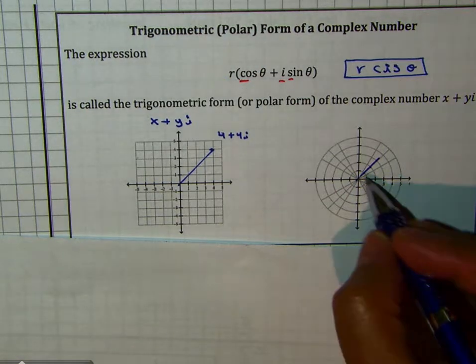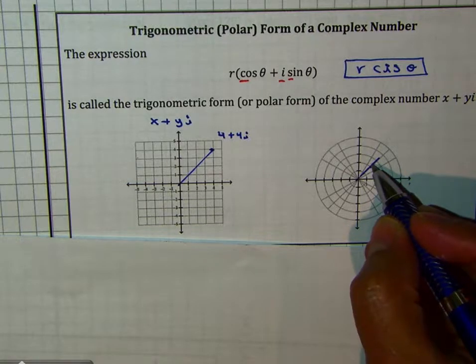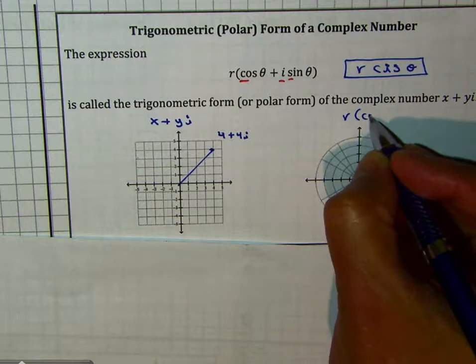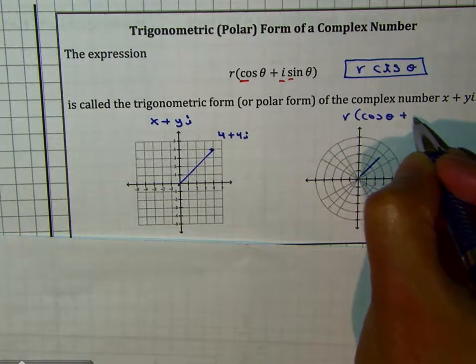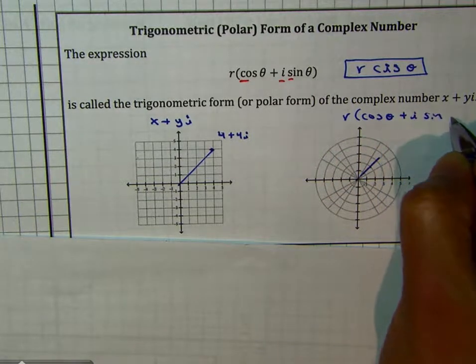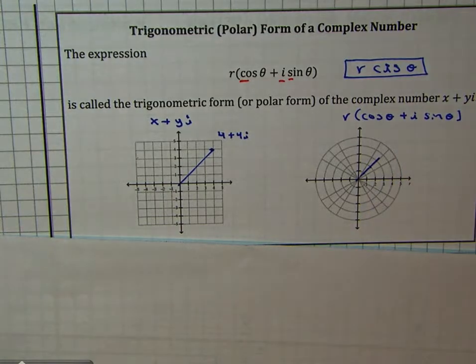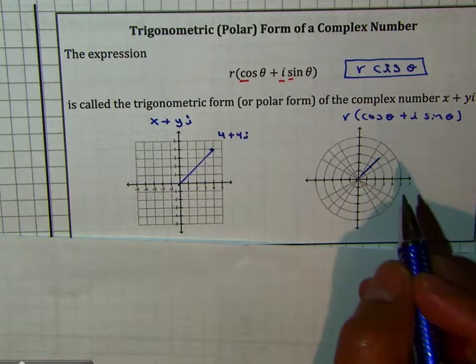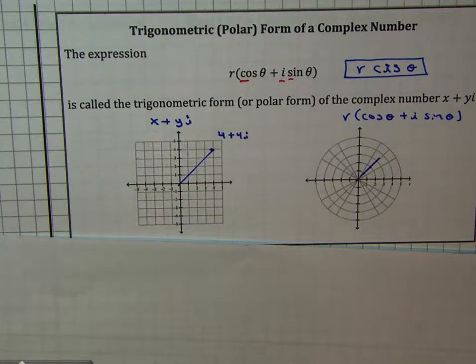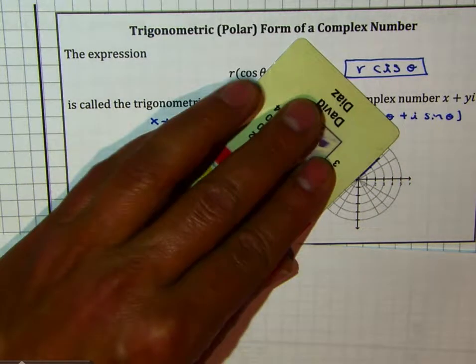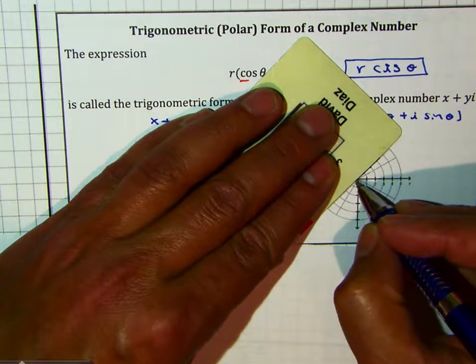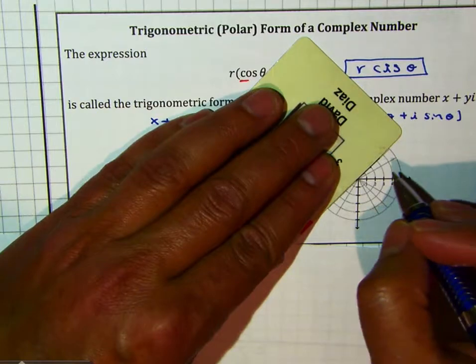Now to find the length of r, this will be r cosine of theta plus i sine of theta. To find r, we are going to use a formula, and we're going to be doing that in the next section. Right now, we're just going to place an angle, and it's about square root of 32, which is about 5 point something.